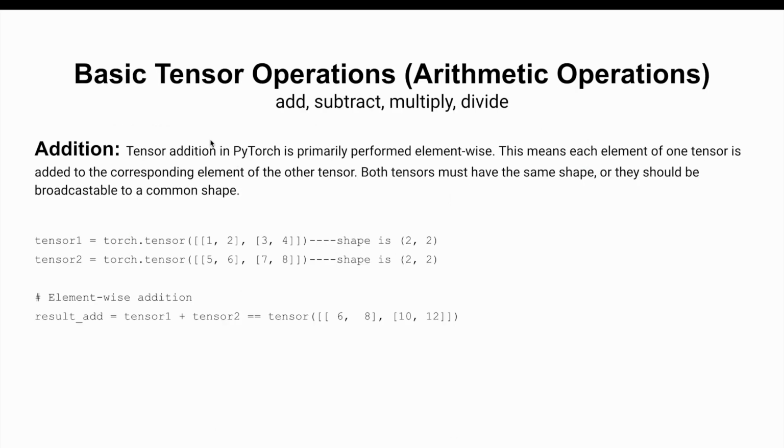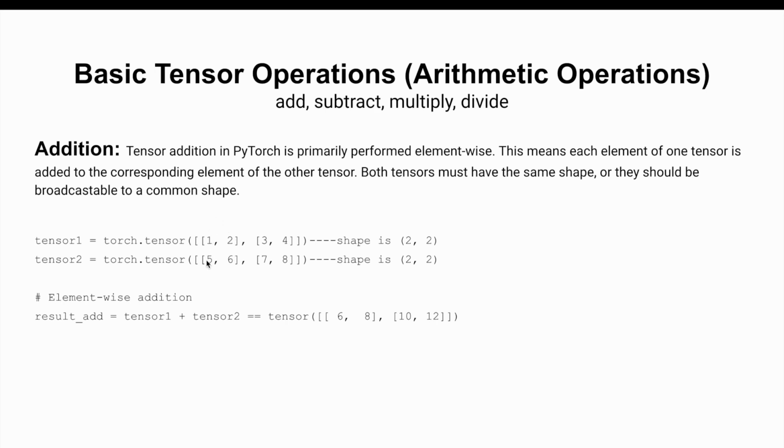So we'll go next here and we'll talk about basic tensor operations. We'll talk about the arithmetic operations, which are addition, subtraction, multiplication, and division. I want to start with talking about addition. And as you can see here, tensor addition in PyTorch is primarily performed element wise, meaning one element at a time.